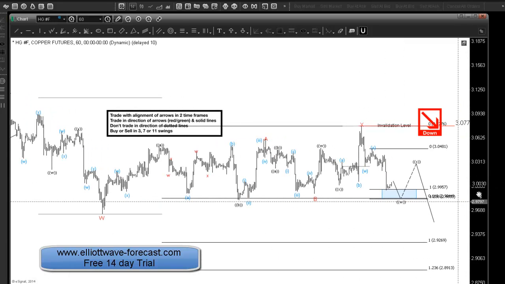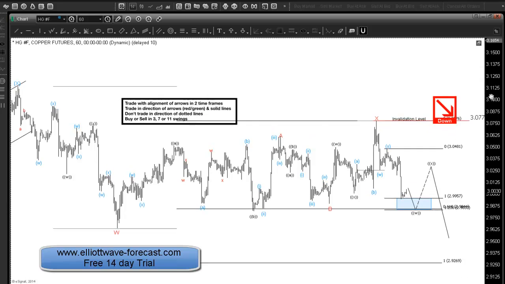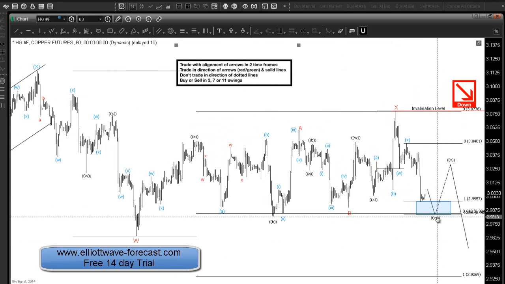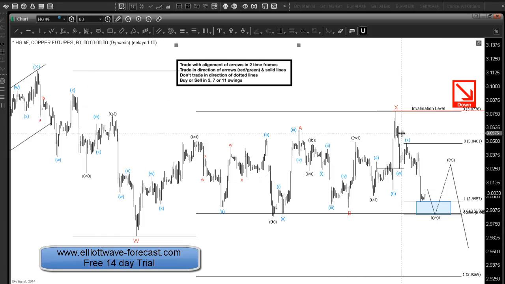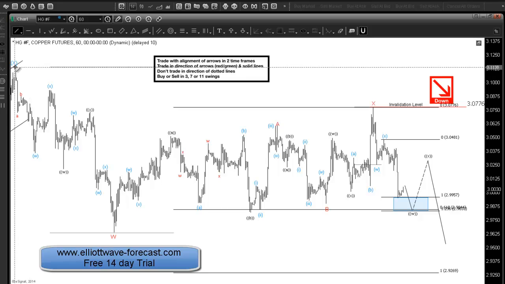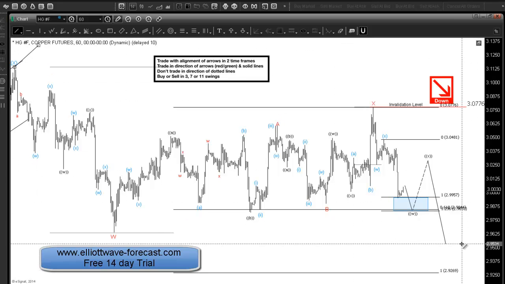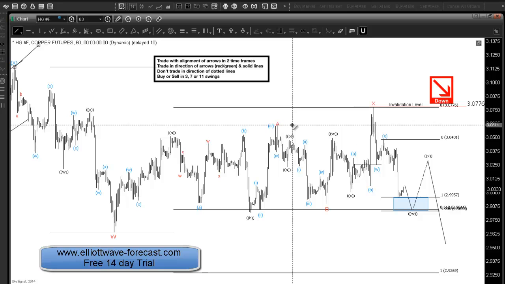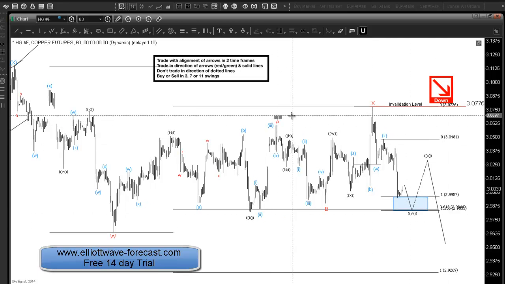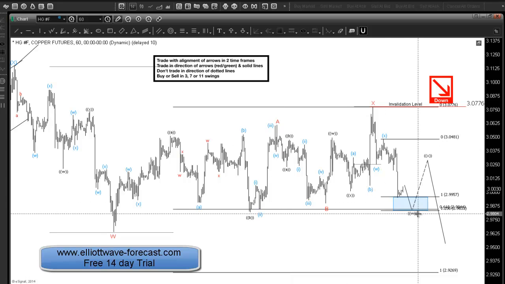And that's the level which is typically where the first leg of wave Y would end in a WXY structure. As we're labeling it as a WXY structure from this peak, like a double three structure, the 0.618 of WX is the typical area for the first leg of wave Y to end, which is going to be this wave W in double parenthesis.